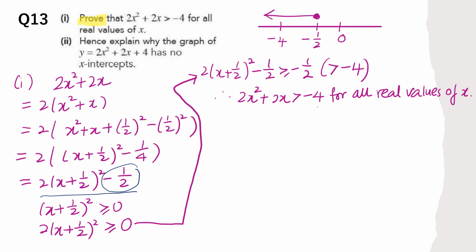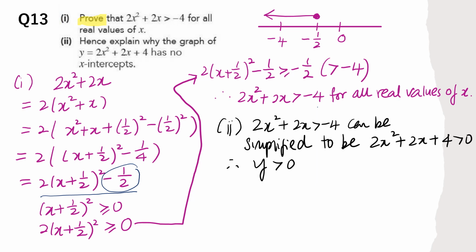Let's look at part 2. So part 2, you are asked to explain why the graph has no x-intercept. Your 2x squared plus 2x more than negative 4 can be simplified into 2x squared plus 2x plus 4 more than 0. So what we are saying is your curve is entirely above the x-axis. If you replace this with y, as given here, then your y is more than 0.